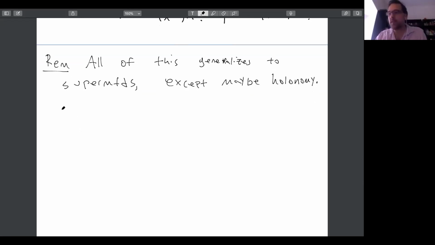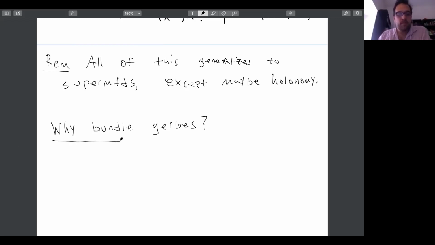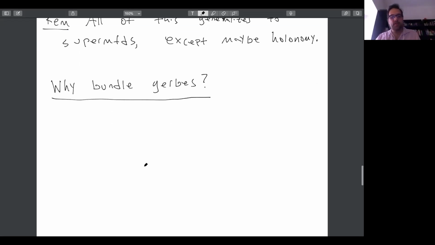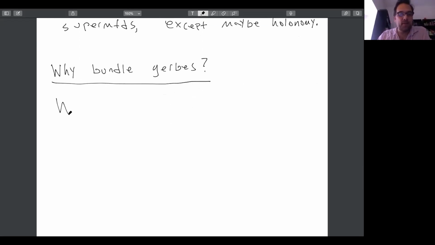So why do we want to look at bundle gerbes? For me, the motivation comes from Wess-Zumino-Witten models, which are a 2D conformal field theory, which are an example of a nonlinear sigma model.